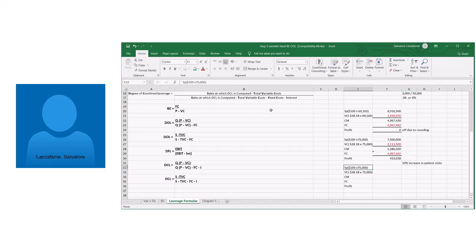If we're expecting a 10% increase, 10% of 75,000 is 7,500. Add 7,500 to 75,000, and that brings us to 82.5. So you can get this 82.5 two different ways.